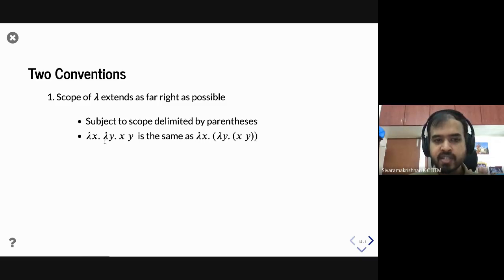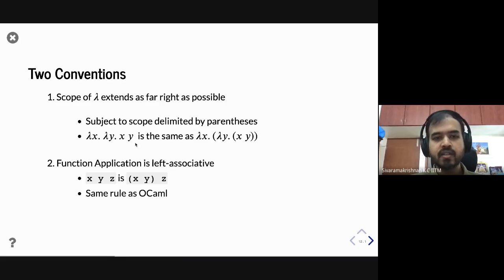So the first convention is, again, start a bracket just after lambda, and the scope extends as far as possible to the right. And the second convention is, if you have a lambda term xyz, then this is application, right? And the way you have to read it is function application is left associative, just like OCaml.